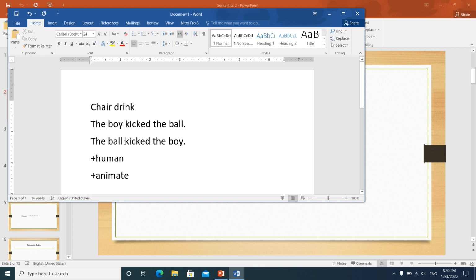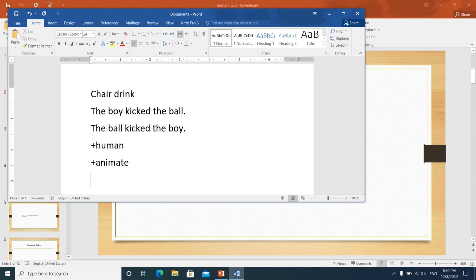Ball is a noun, is singular, but it is not human. It is minus human. That's why it cannot come with kick. So the verb kick needs a subject that is human, or at least animate, because animals can kick.